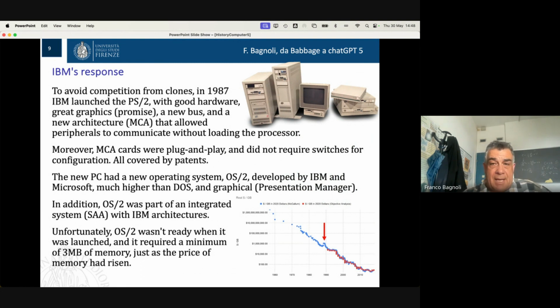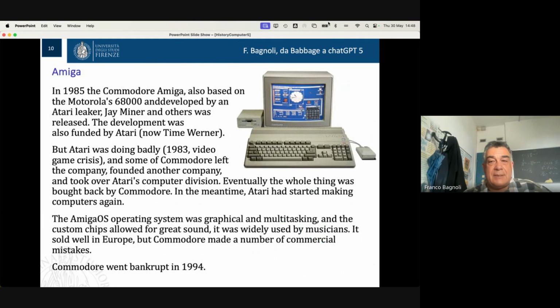So I remember I had one of these using MS-DOS, and it was really robust, well done, but extremely expensive, clearly from university.